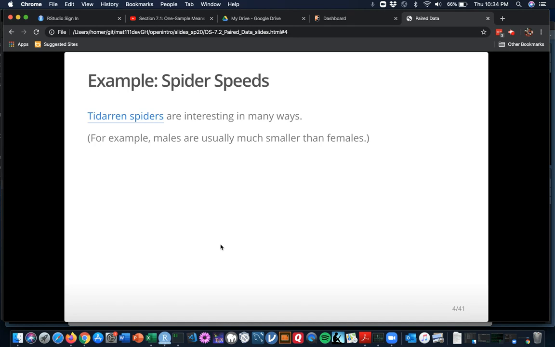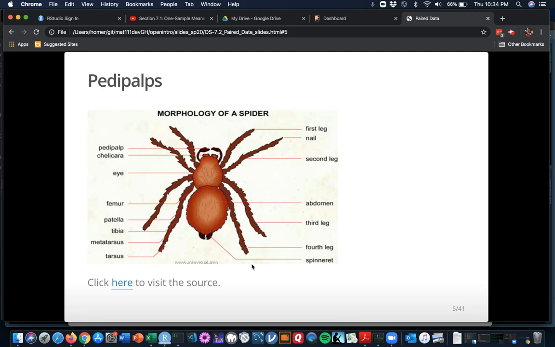One interesting thing about them is that male spiders of this genus are much smaller than female spiders are. Here's a picture stolen from the internet of a Tadaran spider, and just generally the morphology of a spider in the first place. You think of them as having the 8 legs, 1, 2, 3, and 4 on one side, 1, 2, 3, and 4 on the other.